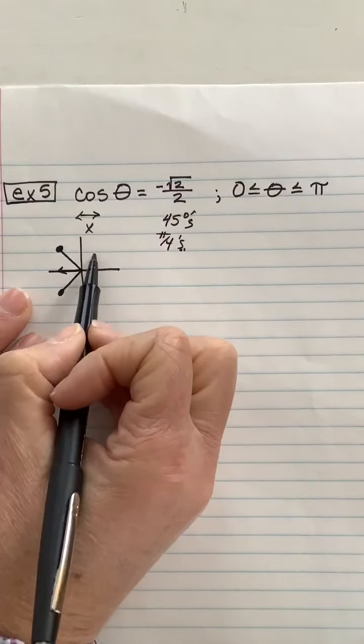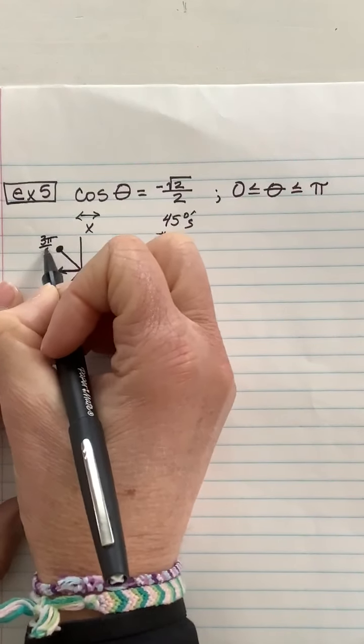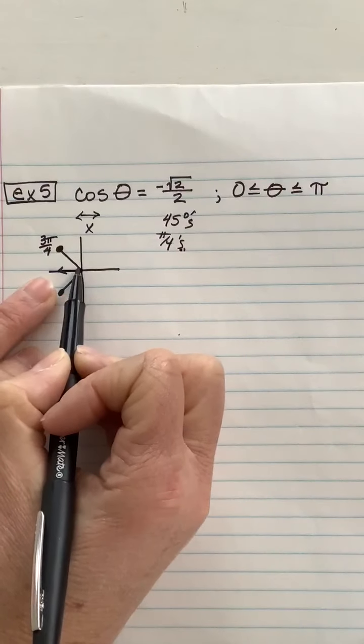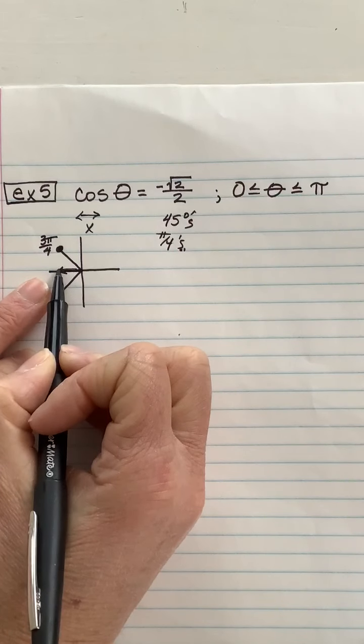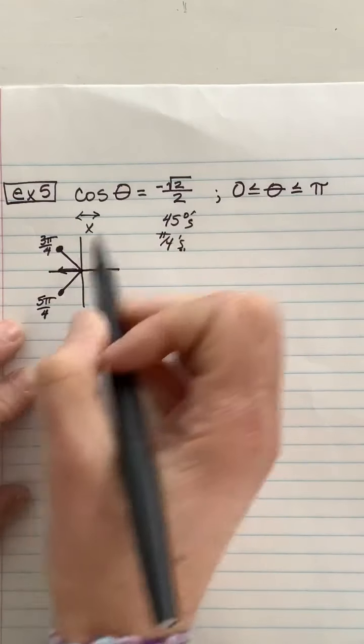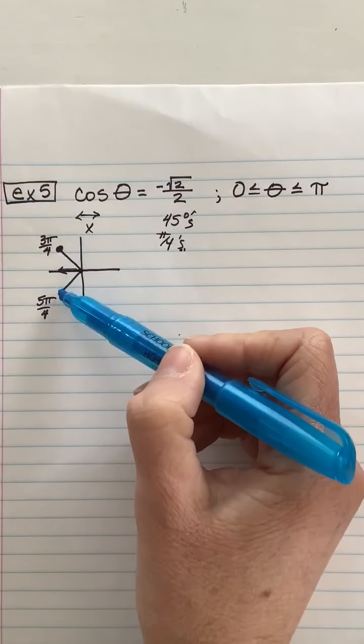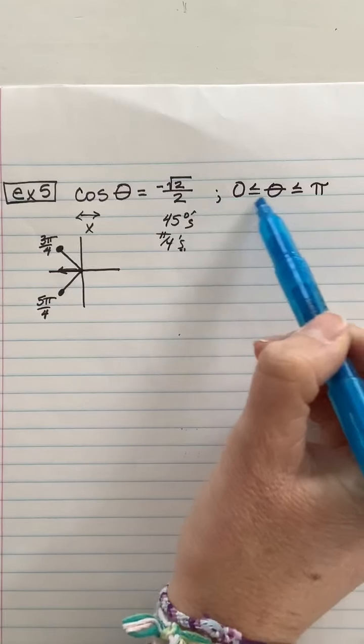So when I think about the unit circle, this one is going to be 3 pi over 4, which would give you a cosine value of left root 2 over 2. And then also this one would be 5 pi over 4, which also gives you a cosine value of left root 2 over 2. However, if you're taking that SAT, don't choose the one that has both of these, because our domain is restricted.